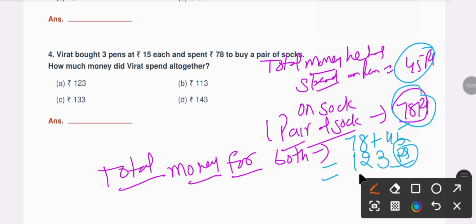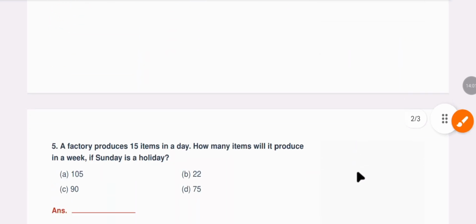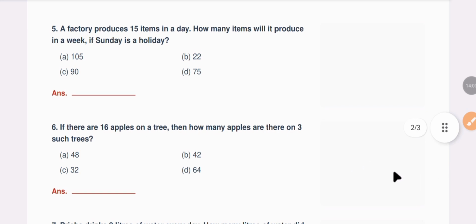So he has spent total money for both the items, pen and socks, 123. Correct option is option A, 123. Now go through to next question, question number 5.